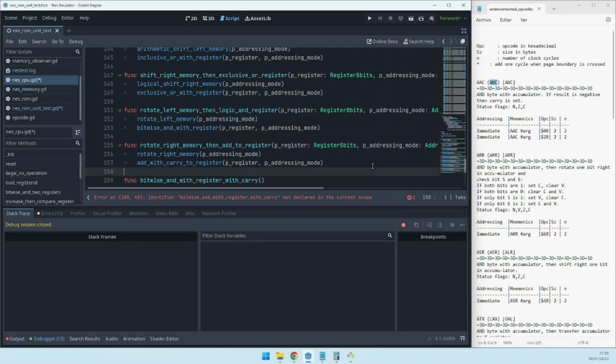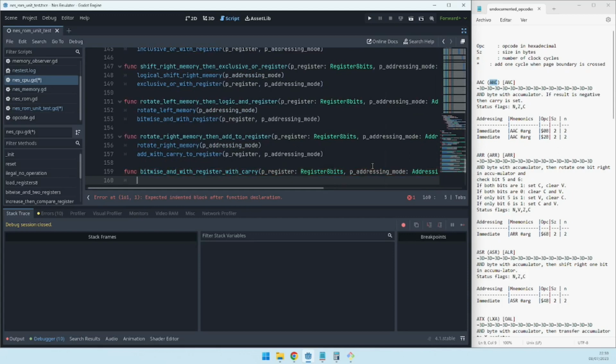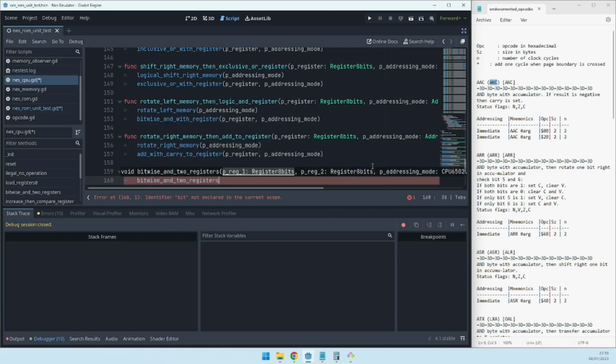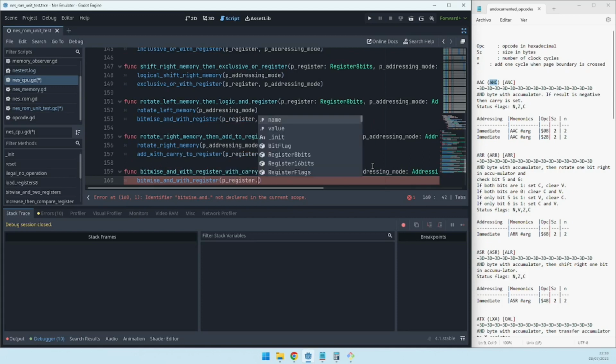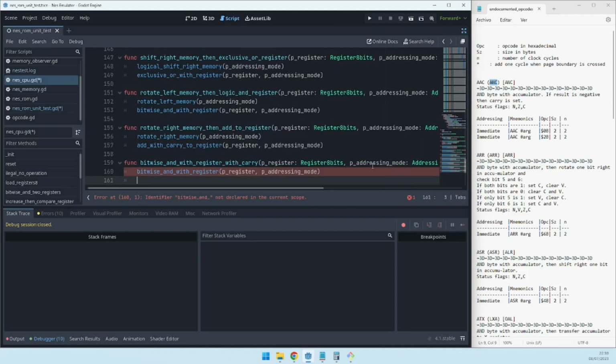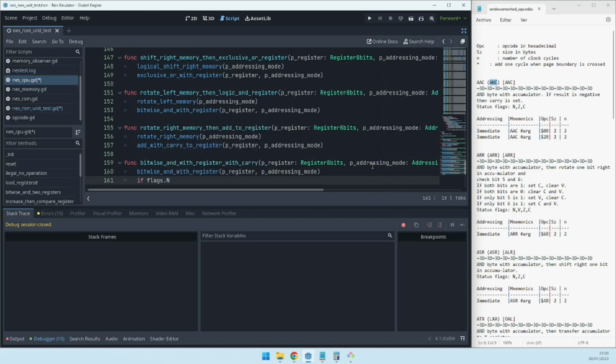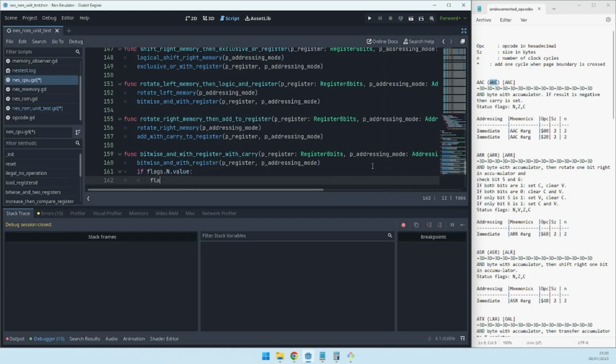Function. Bitwise AND with carry. So we got bitwise AND with register, B register, B addressing mode, and then if flag negative is set, flags carry value is set.